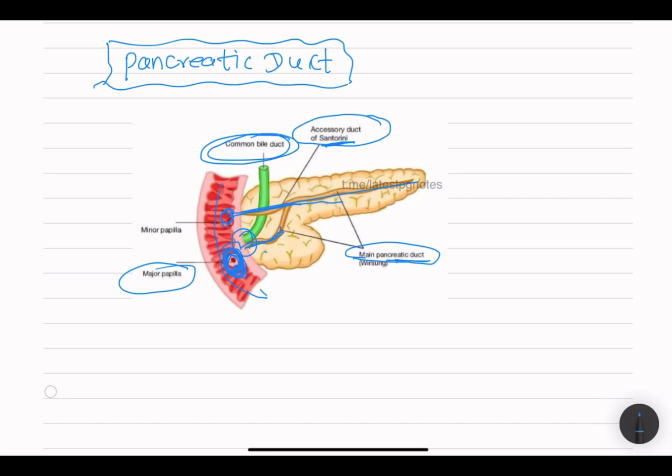So this is also a very important duct. This is the minor papilla here, where the accessory duct opens, and very important: the accessory duct is also known as the duct of Santorini, and the major pancreatic duct is known as the duct of Wirsung.